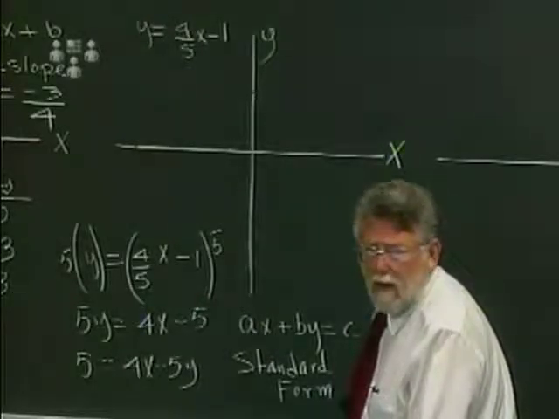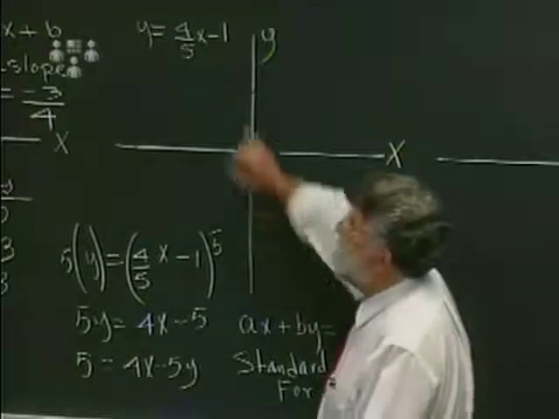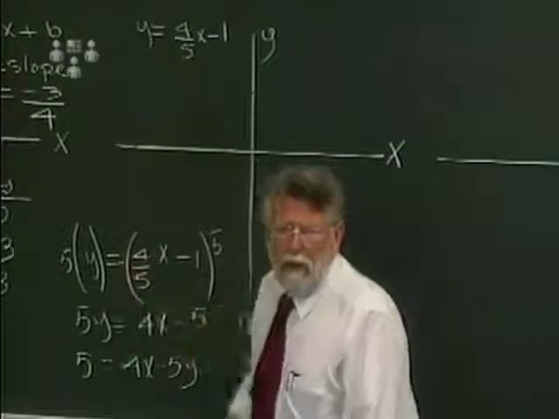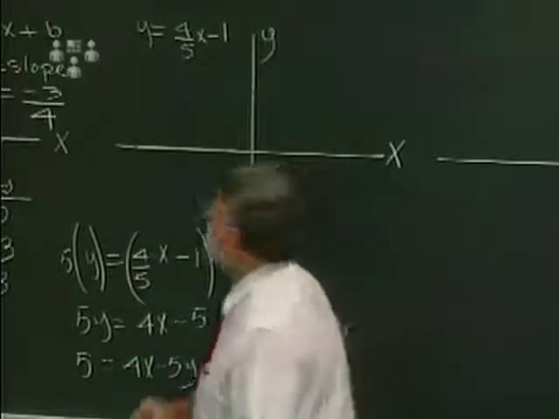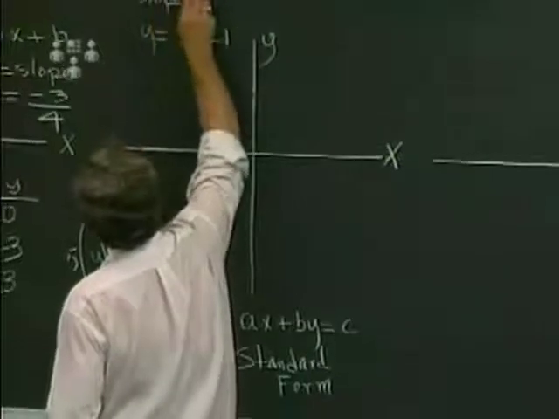Same line, it's just a different form. Now up here, this was slope-intercept. This is in the form y equals mx plus b. So this is the slope-intercept form.